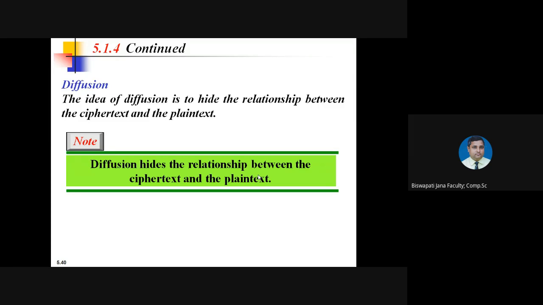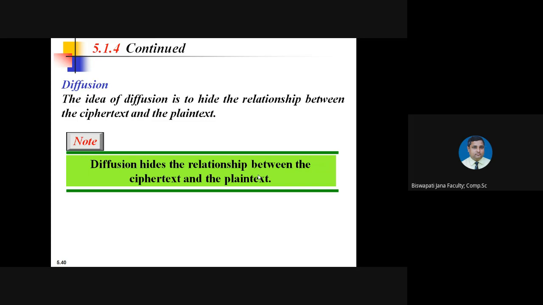If we hide this relationship, meaning there is no relation, you cannot find any relation between the ciphertext and plaintext. That means the technique has good diffusion. So diffusion hides the relationship between the ciphertext and plaintext.